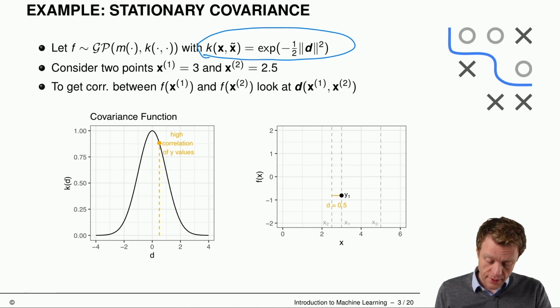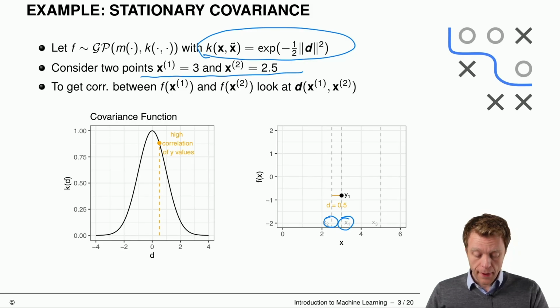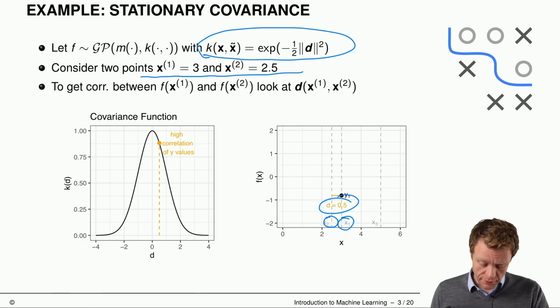So we have these two points here, 3 and 2.5, x1 and x2. If we want to get the correlation between those two, we have to look at the distance, of course. So we just take x1 minus x2, right? Then d1 is 0.5.